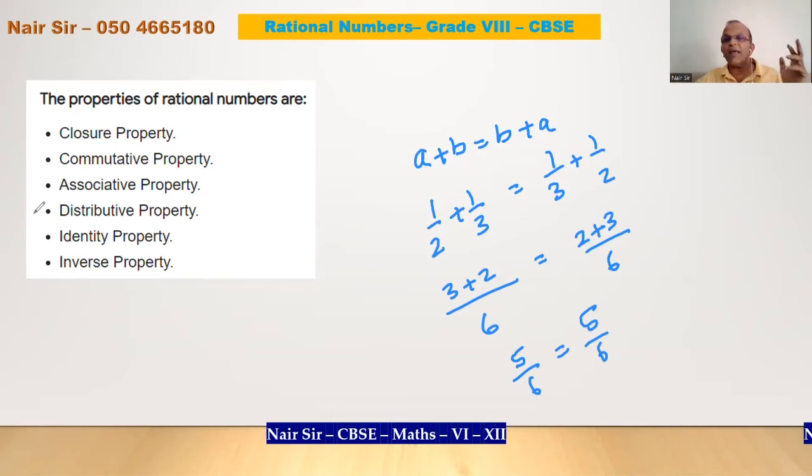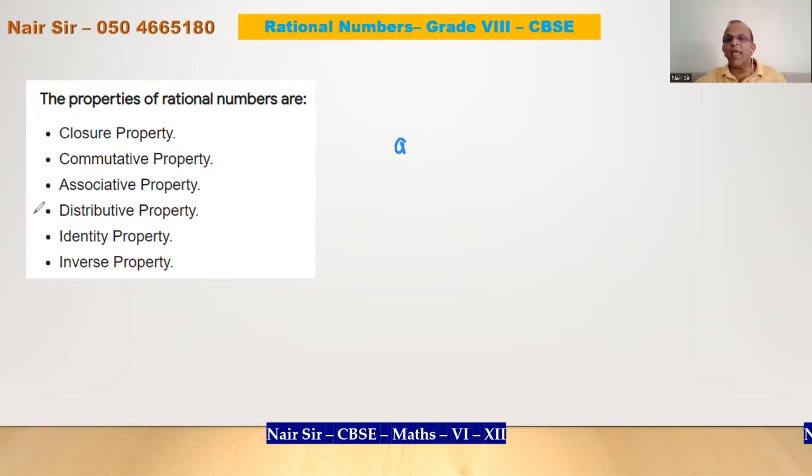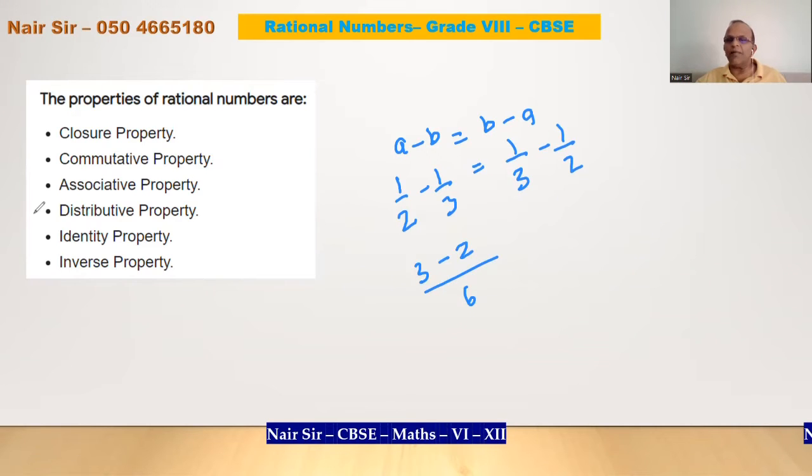Now let me try for subtraction. A minus B is equal to B minus A. 1 upon 2 minus 1 upon 3 is equal to 1 upon 3 minus 1 upon 2. Again the same thing, 6, 3 minus 2.